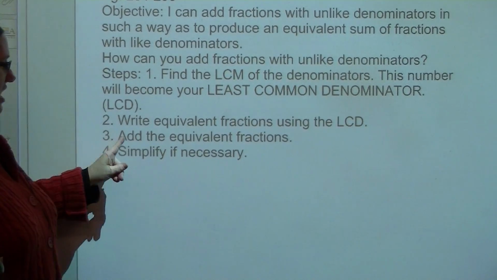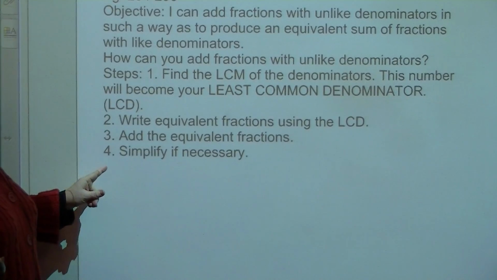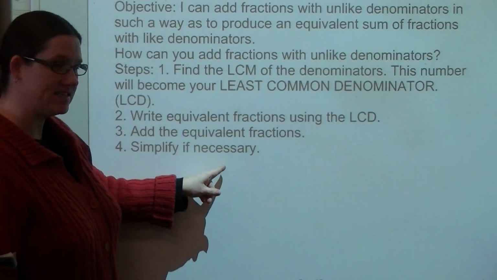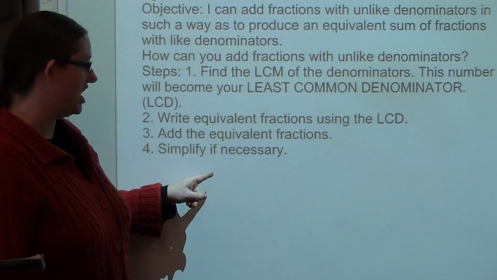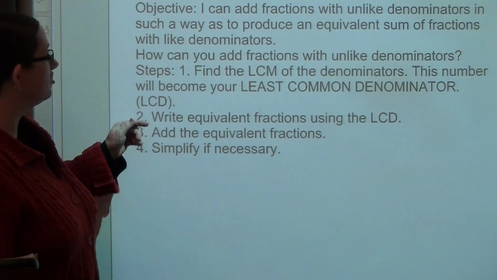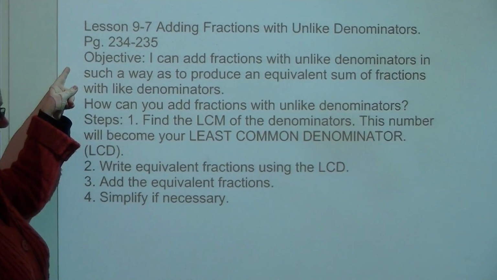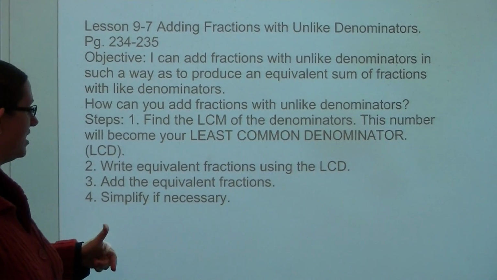So put step 3, add the equivalent fractions. And then step 4, as we've been working on for a couple weeks now, is to simplify if necessary. You have to determine if that fraction can be divided down any further. Okay, good. So take a minute. If you need to pause the video, go ahead and pause it and get down your objective, please, and your steps for how to add fractions with unlike denominators.